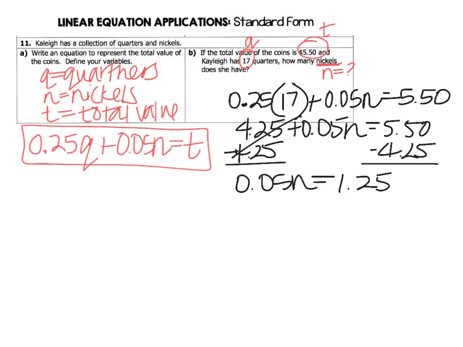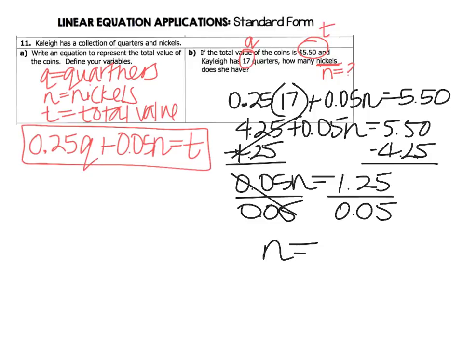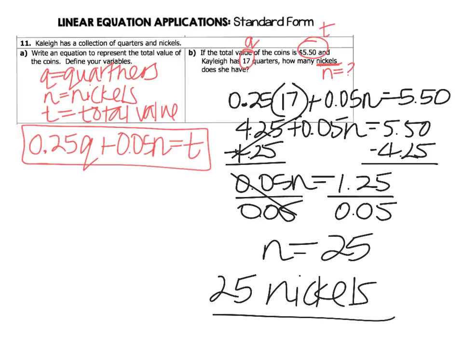Then we want to divide both sides by 0.05. Cancel out over here. 1.25 divided by 0.05 equals 25. So we know that Kaylee has 25 nickels. And that's what the problem's asking us to find.